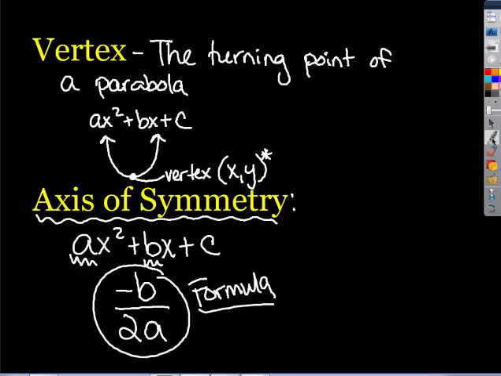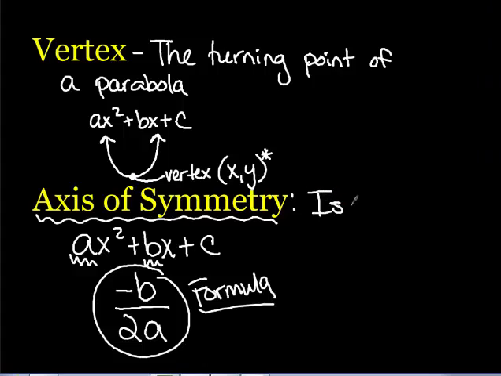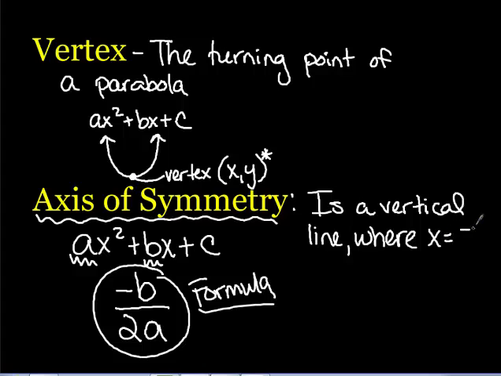But what is the axis of symmetry? The axis of symmetry is a vertical line where x equals the opposite of b over 2a that cuts the parabola in half.